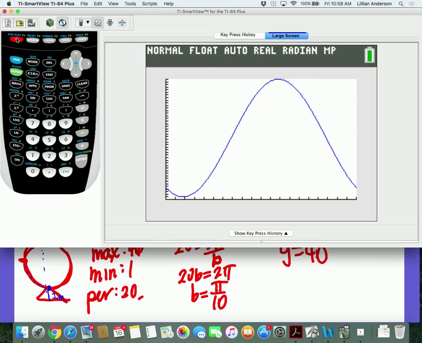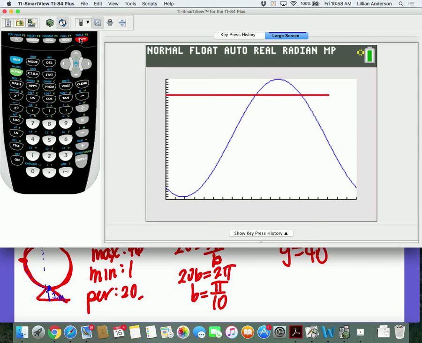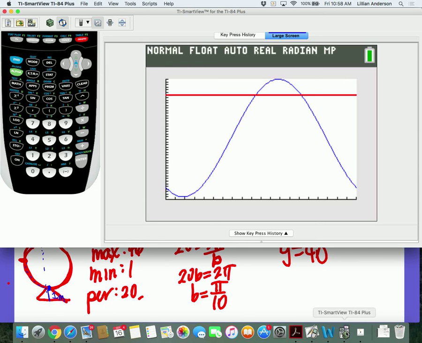And then I also want to plug in 40 to make this even easier. We're trying to see what length of time the child will be higher than 40 meters. So we need to do what? Find the intersection of this point here and this one here, and then subtract them.